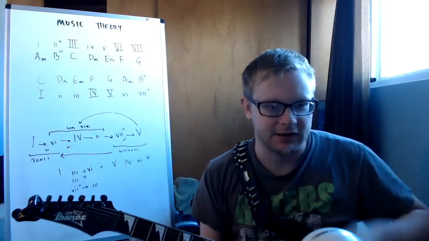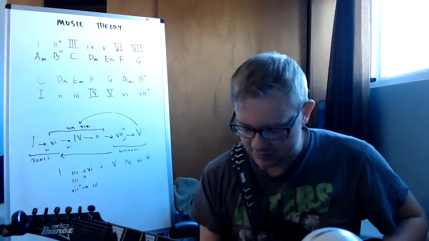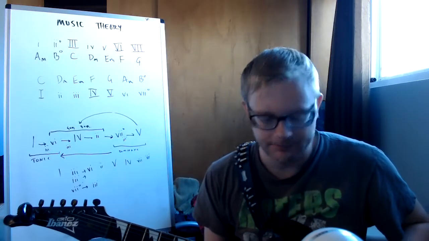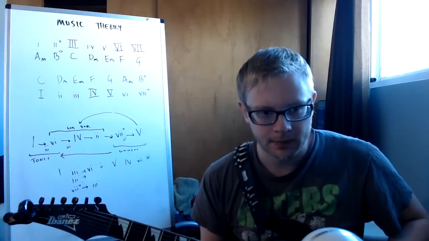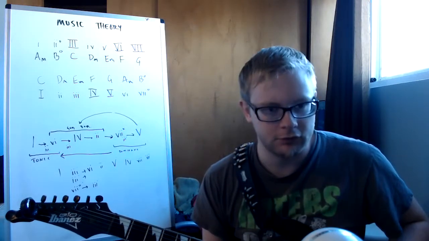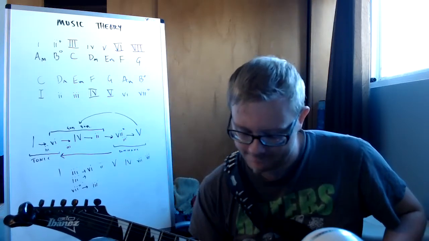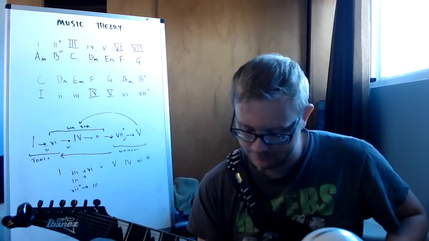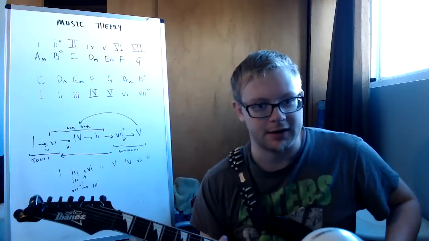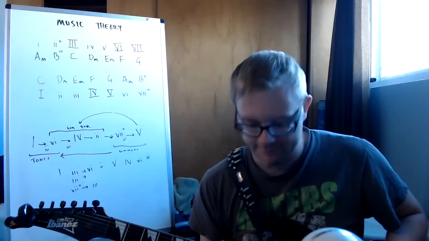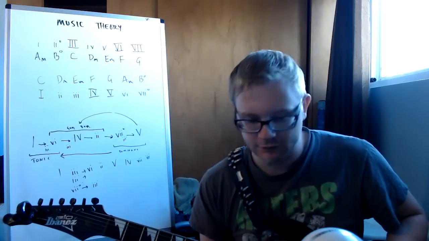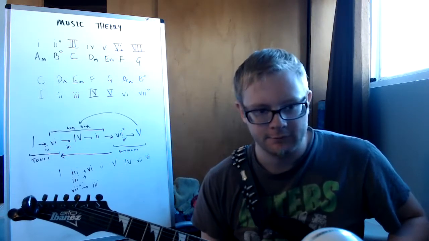But I think you can see I can just continue making these chord progressions for a long period of time. It's always going to work. 1, 3, 6, 2, 5. And that works. So 1, 3, 6, 2, 5.